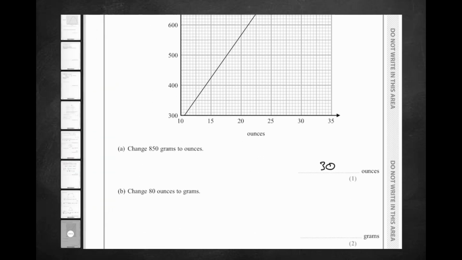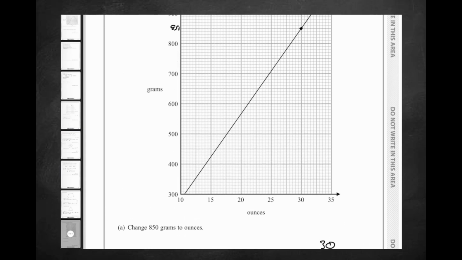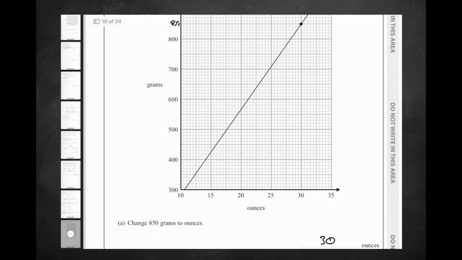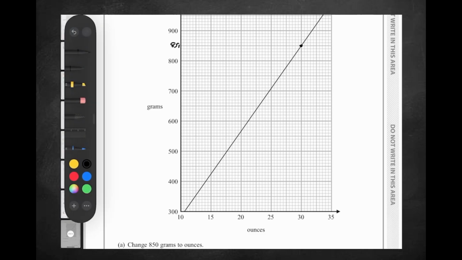Part B. Change 80 ounces to grams. Now this diagram does not go up to 80 ounces. Therefore, since this line is straight, it's going to be increasing at the same rate the whole way along. So if we find 20 ounces and then multiply it by 4, that would be the same thing. So it goes about halfway through this square here, which is there.